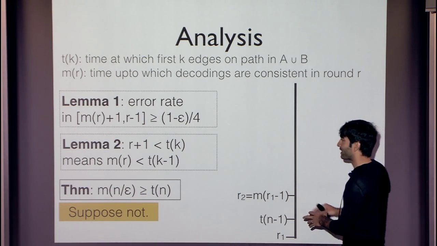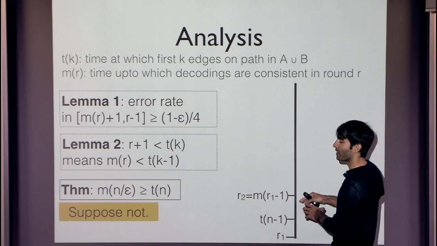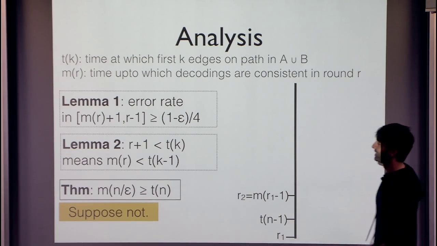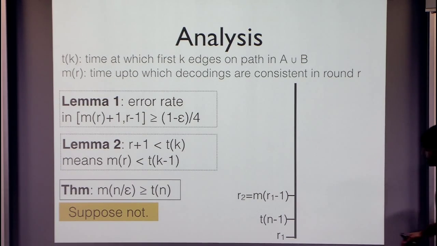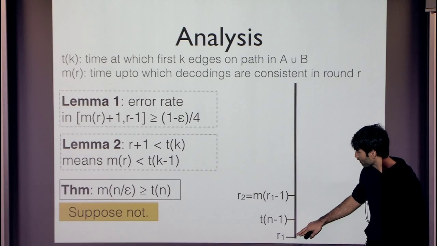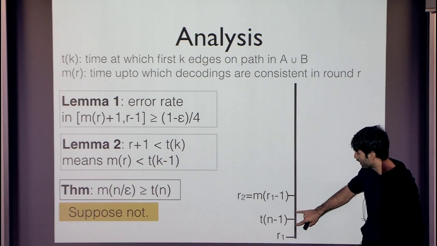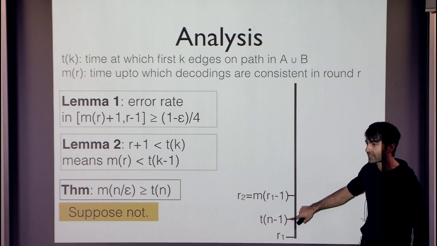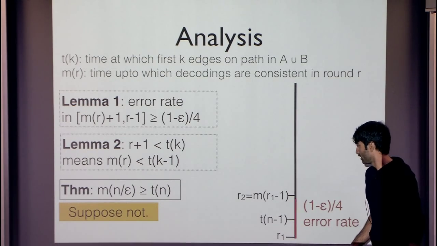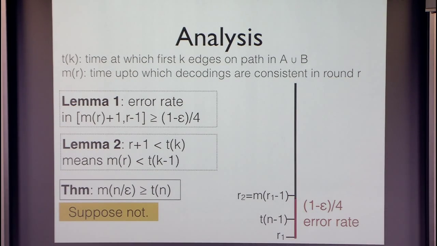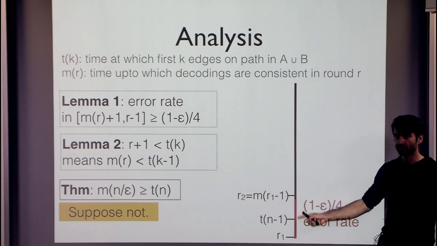I'll explain the intuition. I think there's some off by one application in this slide. But the intuition is if you look at R and MR, then they must go past T of n minus 1. And then by the first lemma, we know that there's a higher error rate in this region.